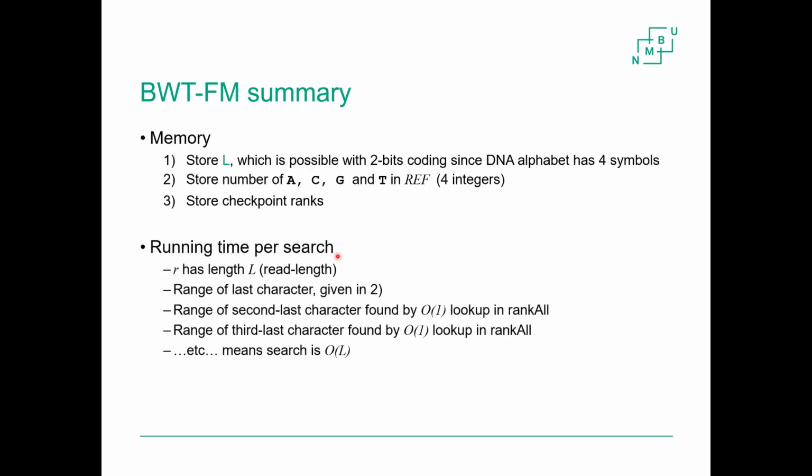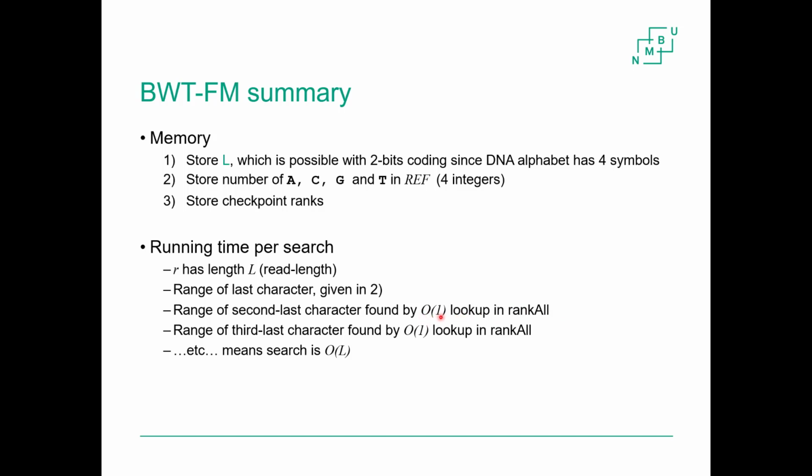And the running time, if the read R has length L, then the range of the last character is given by here, right? We immediately find where, if the last character was a C, we know exactly where the C section starts and ends in the F, right? And then the range of the last character is found by a constant lookup in rank all.